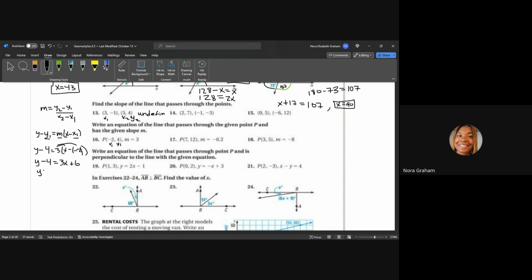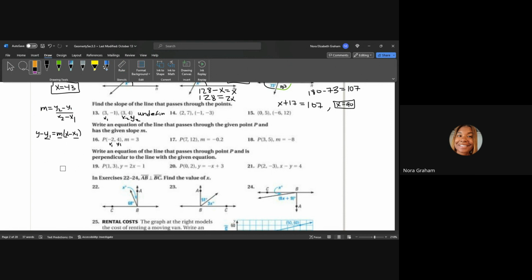So then I'm just going to add 4 to both sides. I have y equals 3x plus 10. Okay. That's my line right there that passes through this point and has a slope of 3. Right. Let's go on to 17.